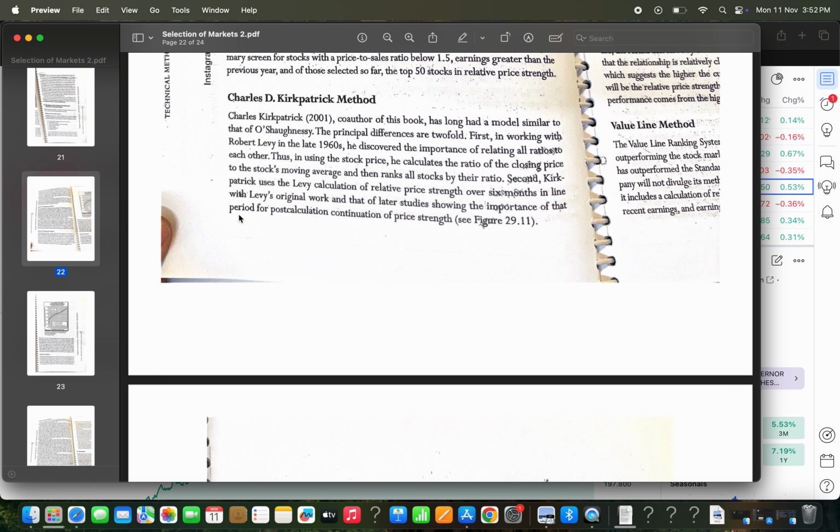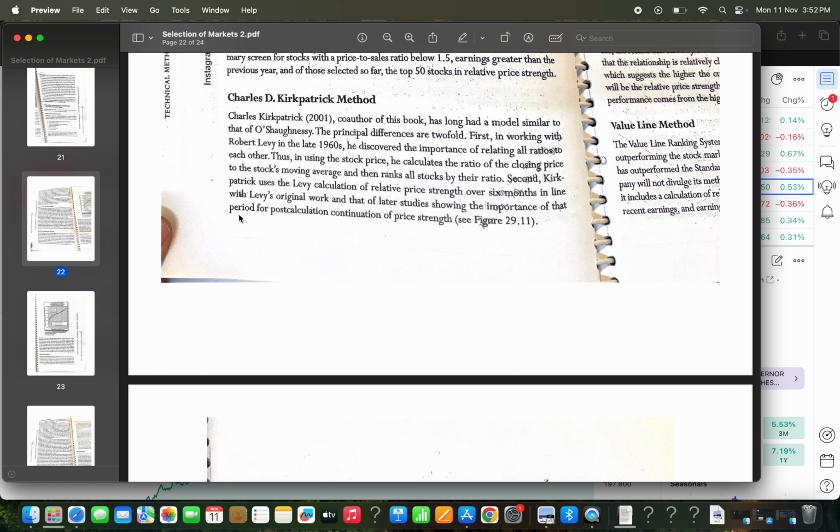Here in Kirkpatrick we were talking about the fact that he uses the ratio of the closing price with the stock market moving average, whereas in James P. O'Shaughnessy he uses closing price of this year with the closing price of 1 year earlier. So Kirkpatrick, I hope it's clear now, it's the ratio of the stock with the moving average.